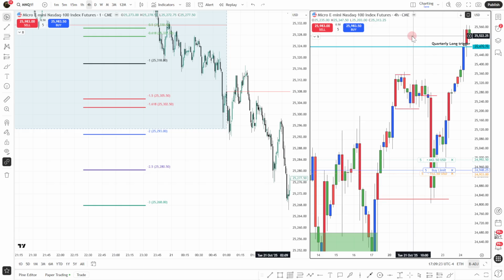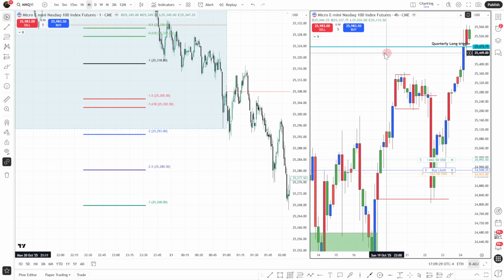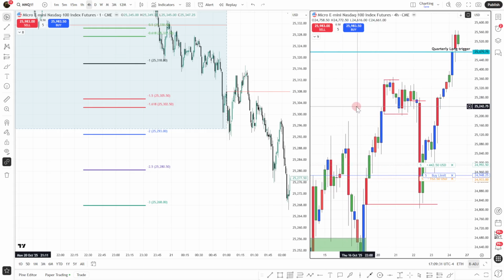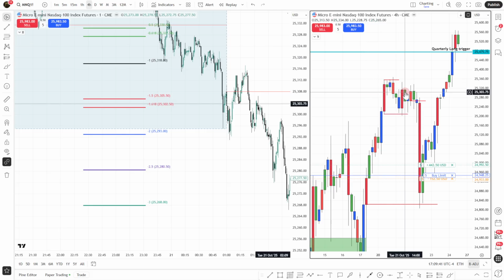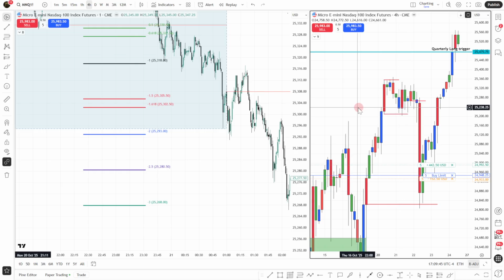Yeah, right? Because remember, we really want to understand price action and what's happening. When we take out highs or we rebalance an area, we're looking for price to go back down to some sort of discount and rebalance.